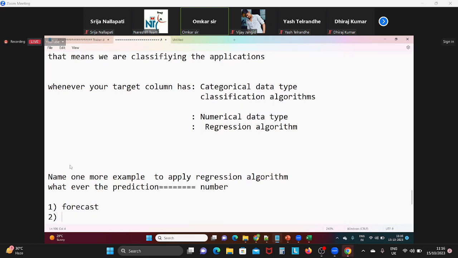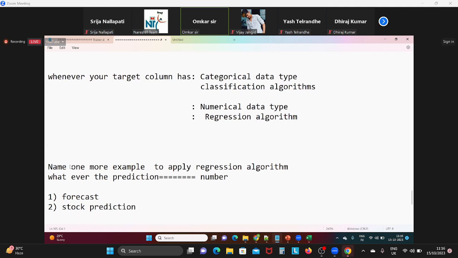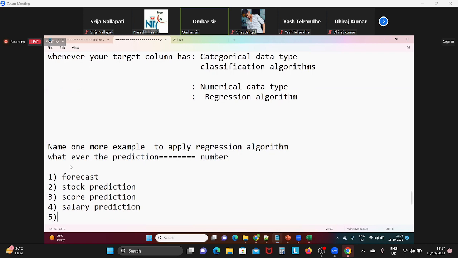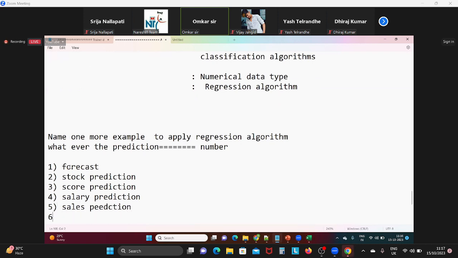Stock prediction, score prediction, salary prediction, sales prediction, churn rate prediction, how many employees are leaving, that is called churn prediction. So many things are there. Quality prediction.